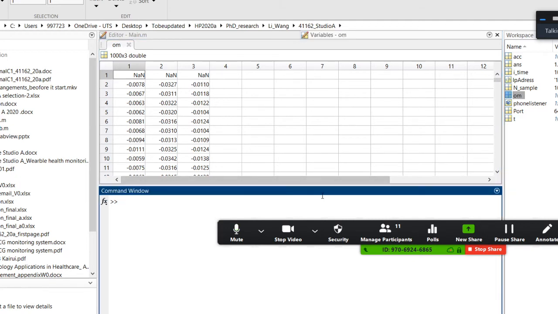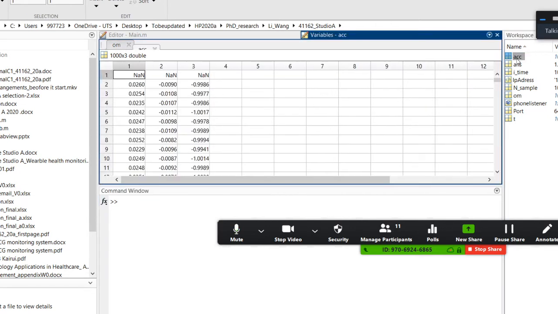But anyway, last time I introduced MATLAB. You have all the variables available here. Any one you want to look at, you just double click. So this is acceleration. This is the gyroscope.